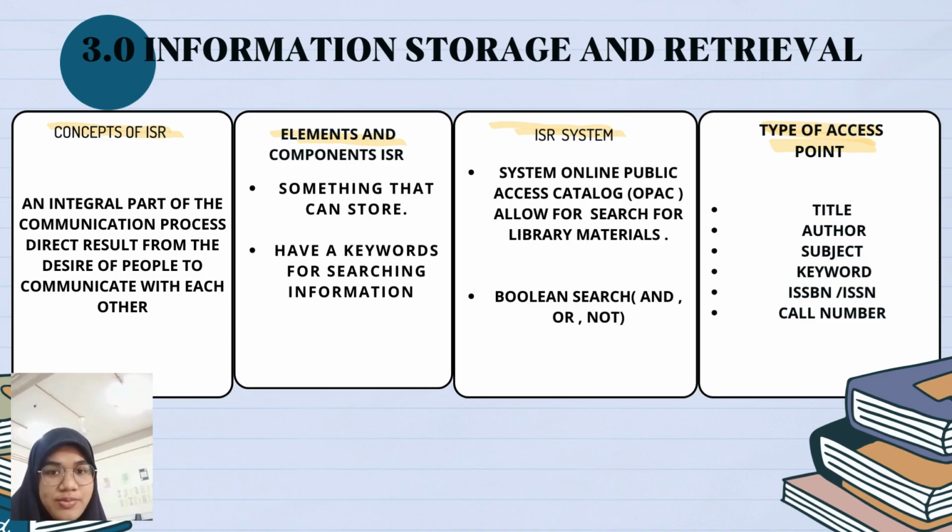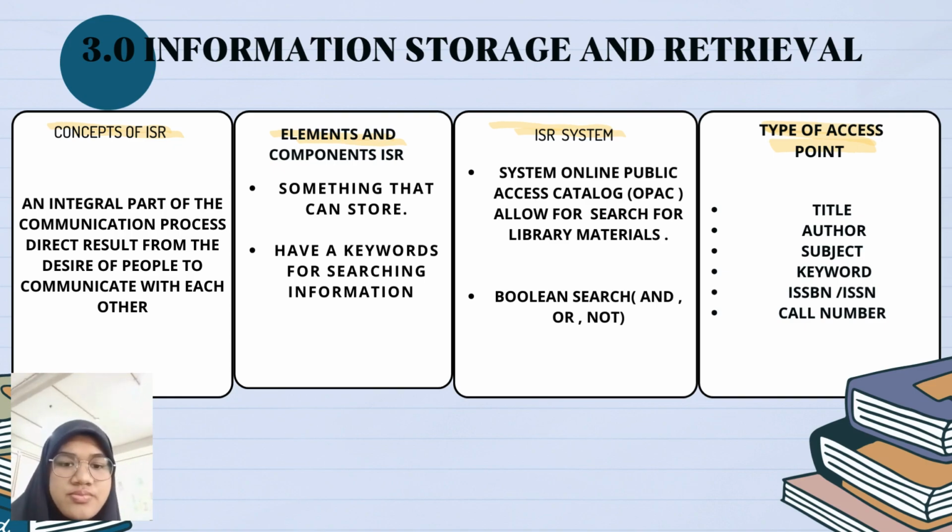One example of information storage and retrieval is the Online Public Access Catalog (OPAC) system that allows users to search the library material and retrieve the material.